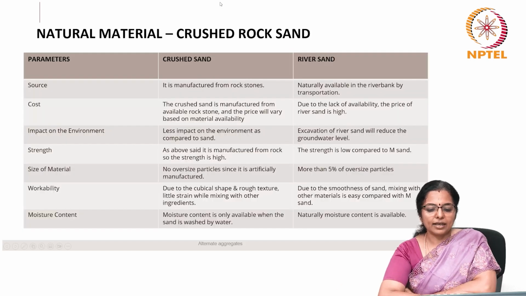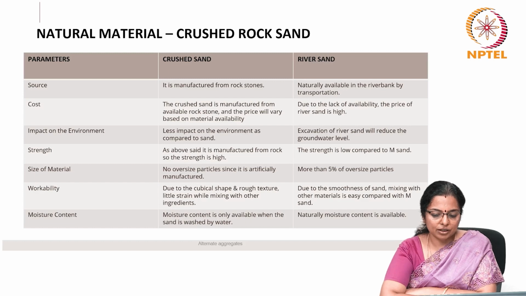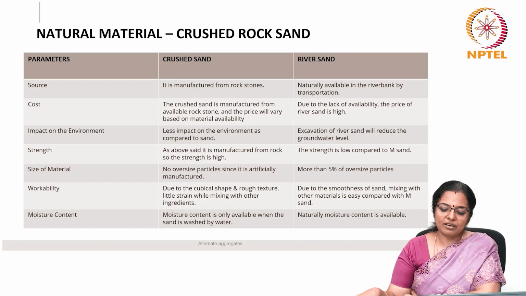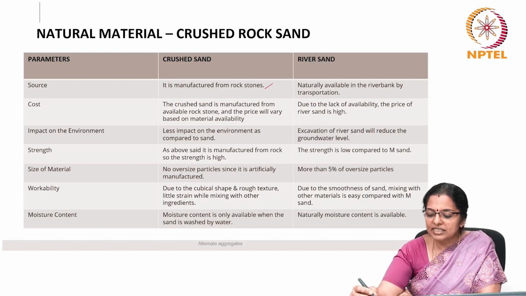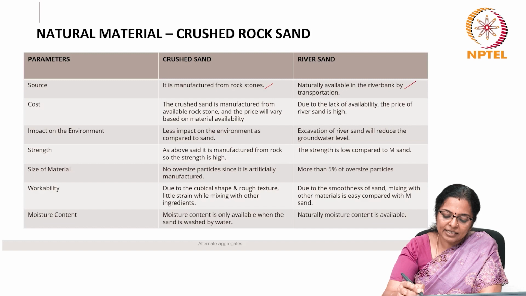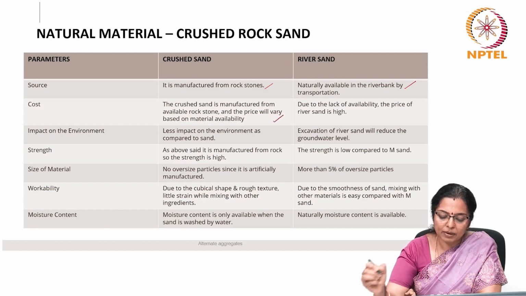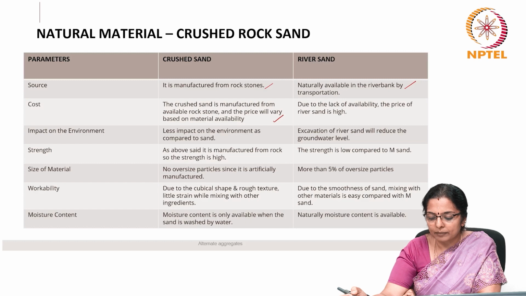So when we look at natural material with crushed rock sand, there are two things. One is crushed sand and another is river sand. Let us compare the source. So crushed sand is manufactured from rock stones, whereas river sand is naturally available by the river bank and is got by transportation. Crushed sand is manufactured from available rock stone and the price will vary based on material availability.